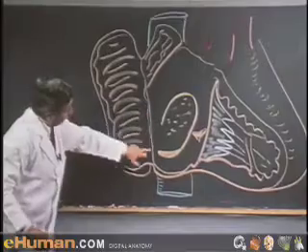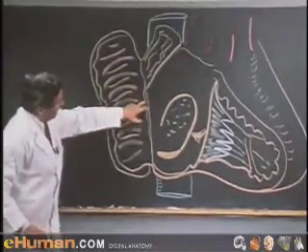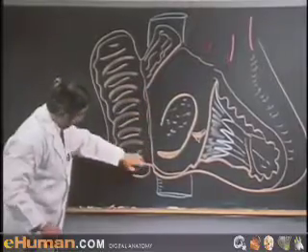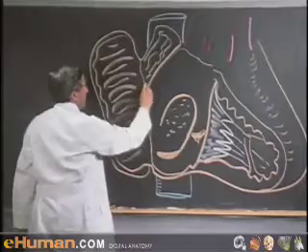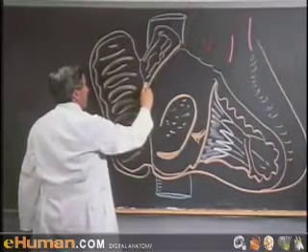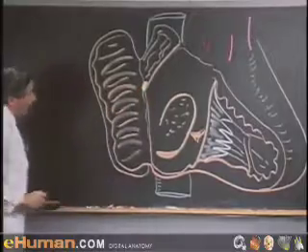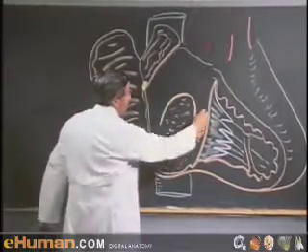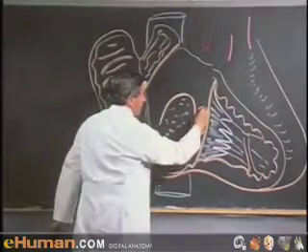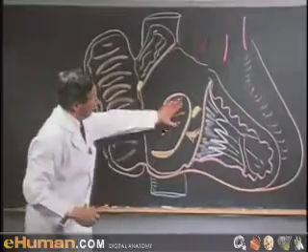This area here, the junction between the smooth and the roughened surface, is known as the crista terminalis, and it is at the upper end of this crista terminalis, in this region here, that we have the pacemaker, the sinoatrial node.